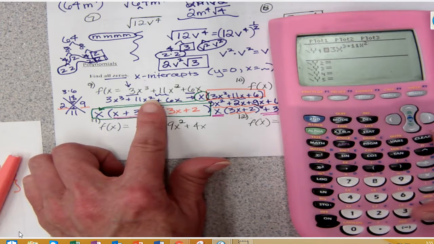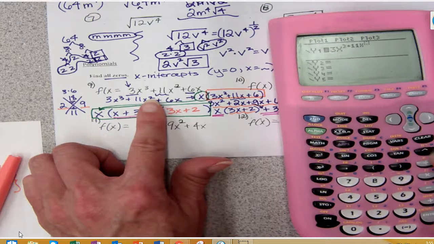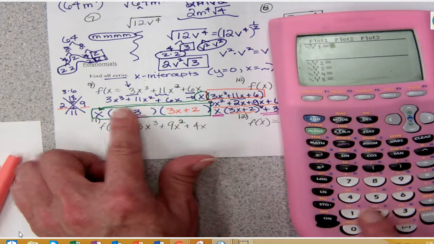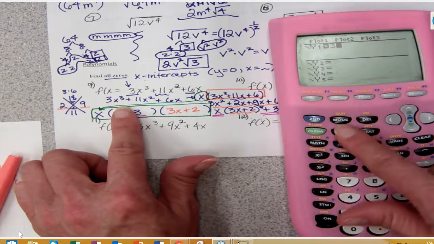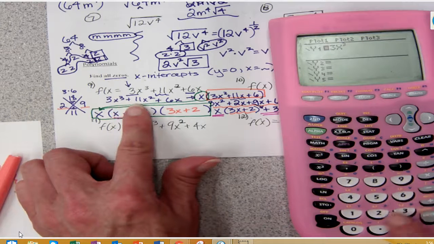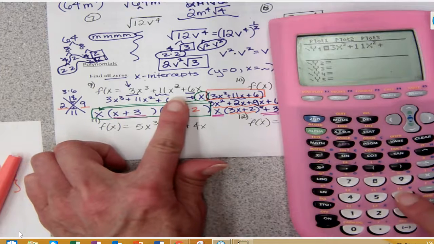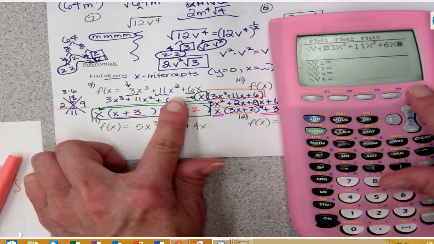Oops, that was bad. Clear. I'm just going to clear it all. Goodness gracious. Clear. How come I won't clear? There we go. 3x to the 3rd power plus 11x squared plus 6x.